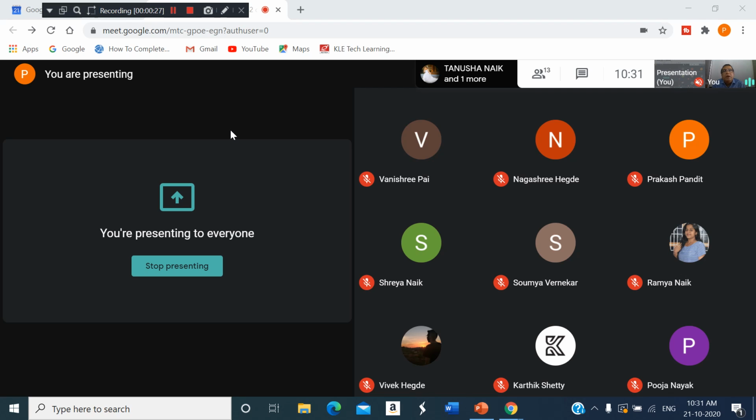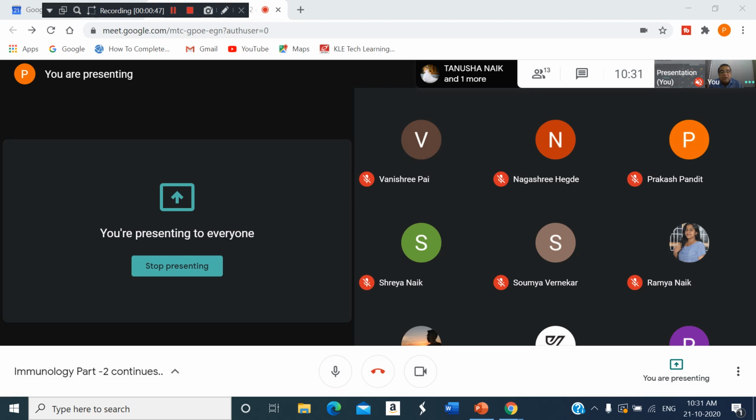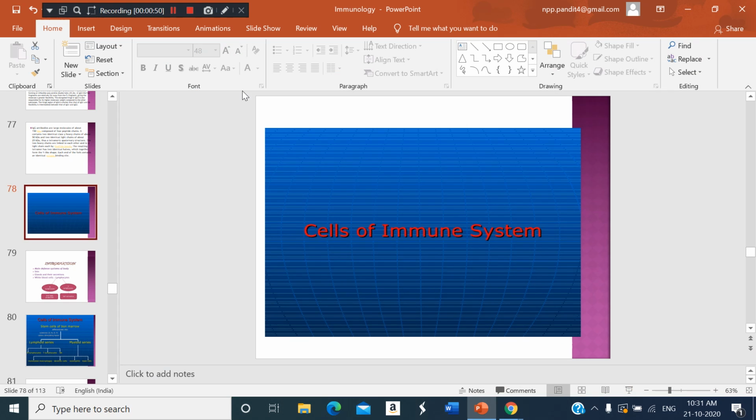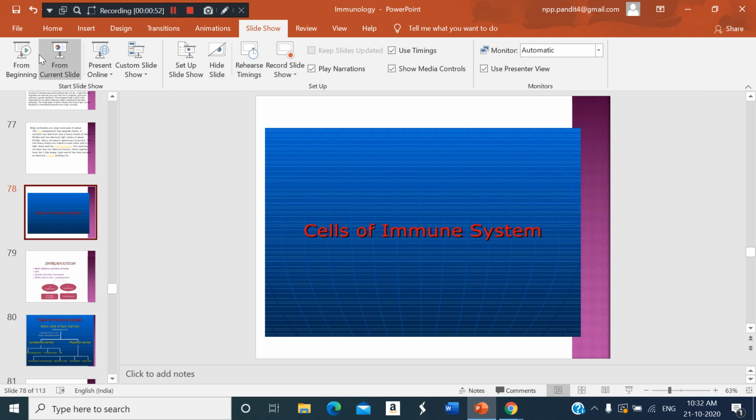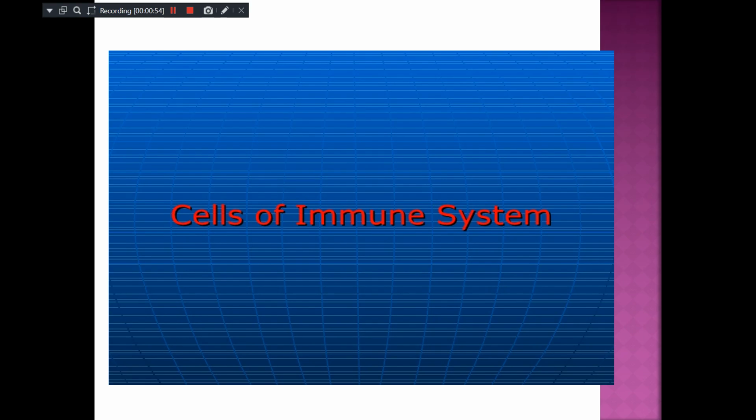When we talk about the antibodies, especially those produced against the infection or the specific antigen, how they are formed, what are their roles, and what are the different types of antibodies or what is known as the lymphocytes, all these things we will discuss under the heading the cells of the immune system.